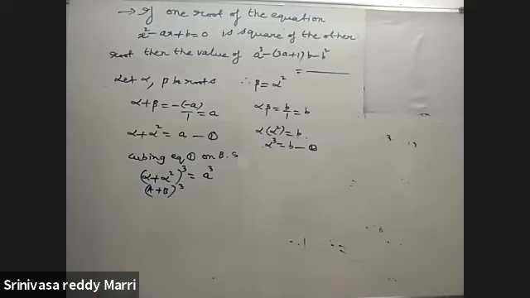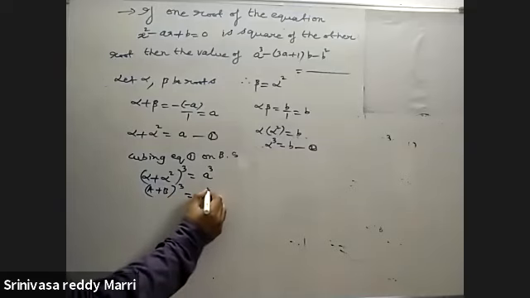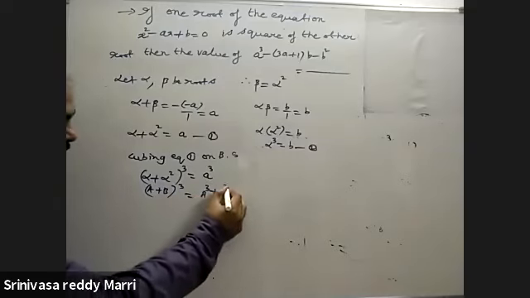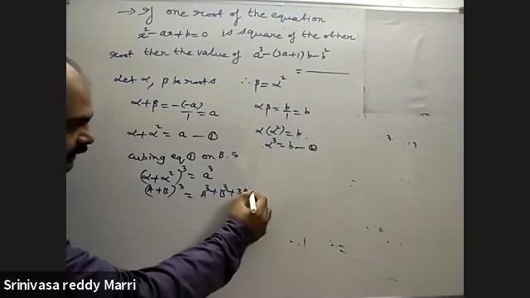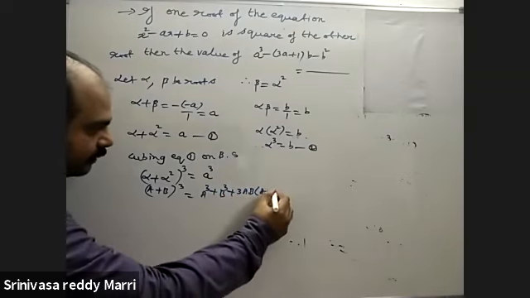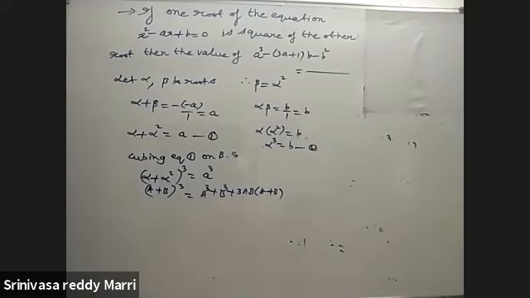What is the formula for A plus B whole cube? A cube plus B cube plus 3AB into A plus B. This formula we will use.